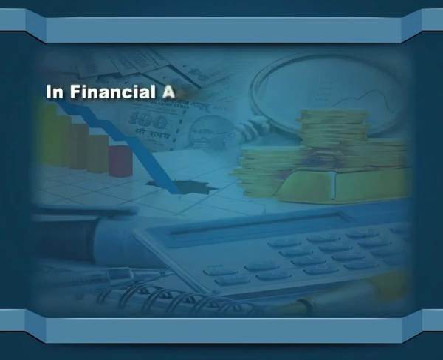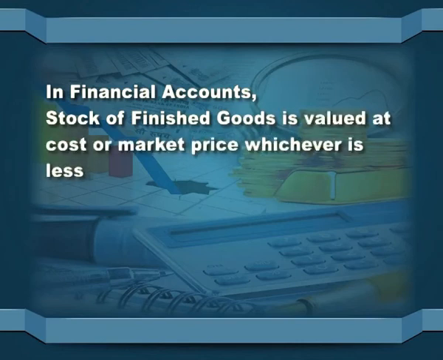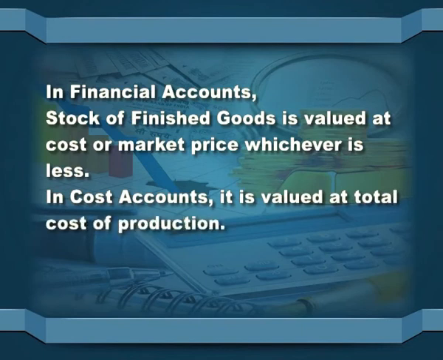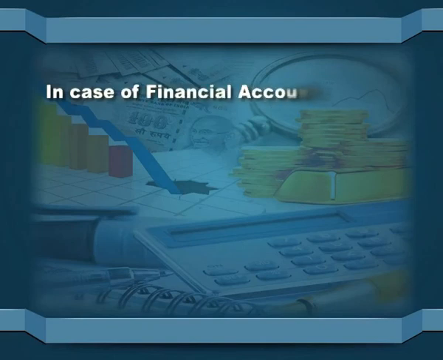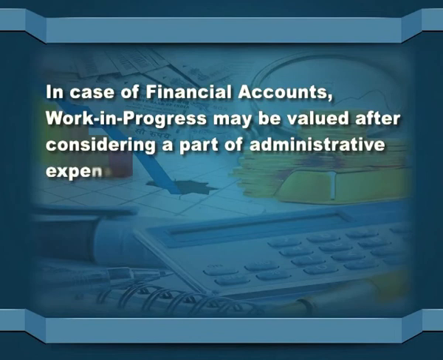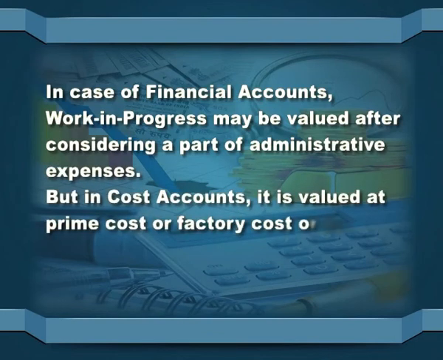In financial accounts, stock of finished goods is valued at cost or market price, whichever is less. In cost accounts, it is valued at the total cost of production. In case of financial accounts, work in progress may be valued after considering a part of the administrative expenses. But in cost accounts, it is valued at prime cost, factory cost or the cost of production.